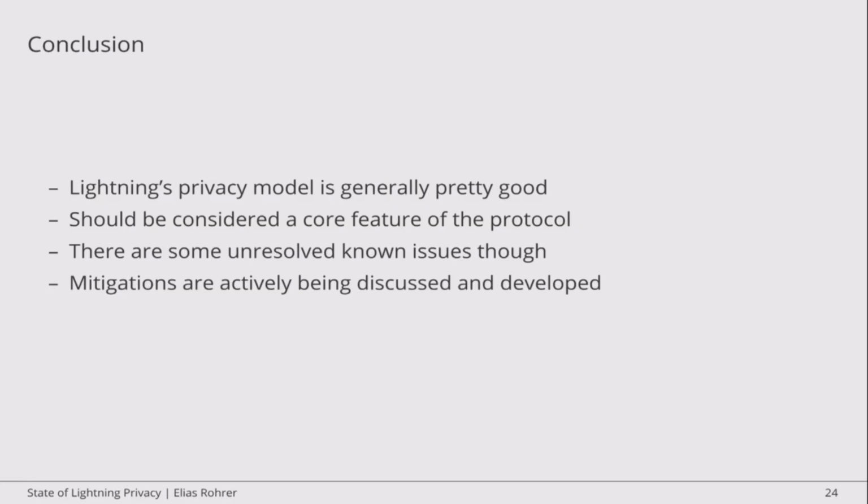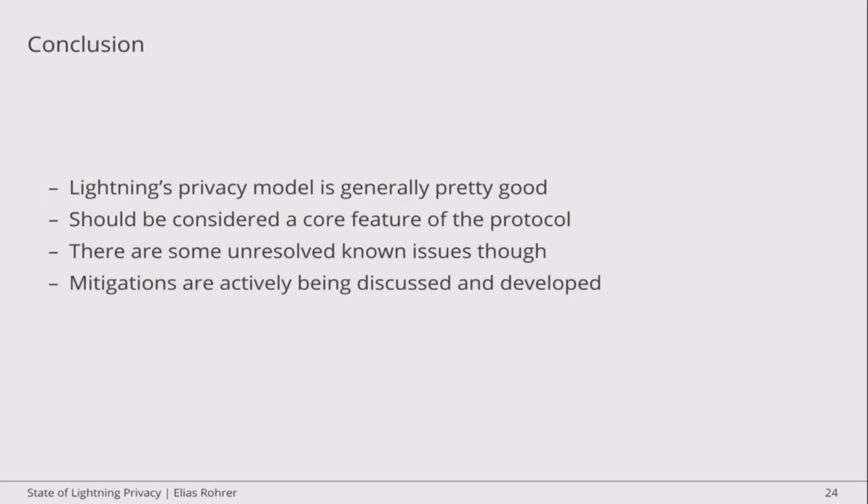Just to conclude, generally, the overall privacy model of Lightning is pretty good. The goals are pretty good. Lightning really shows the promise to even be a payment privacy layer for other technologies, while being the common connector of other technologies. So I argue we should even lean into considering privacy as a core feature of Lightning, even more than we may already do.